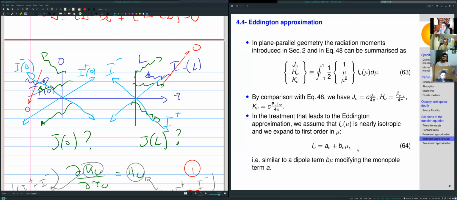I'm not an expert in radiative transfer as such. I use it for my research, but I don't go much beyond this.